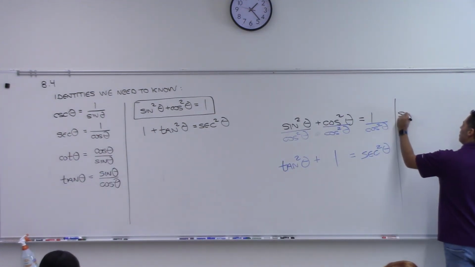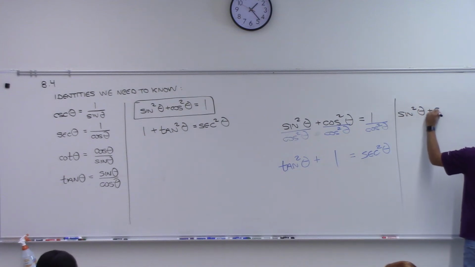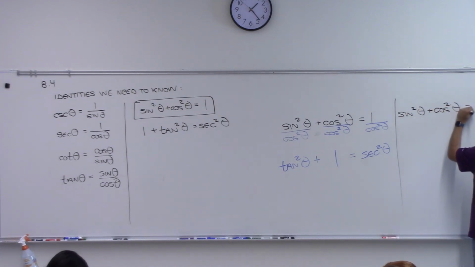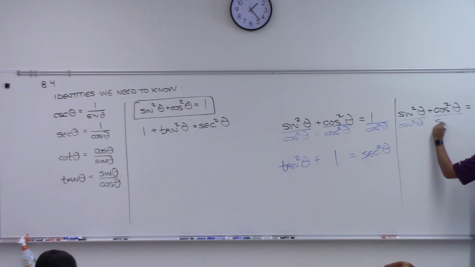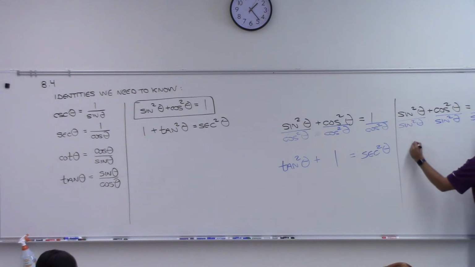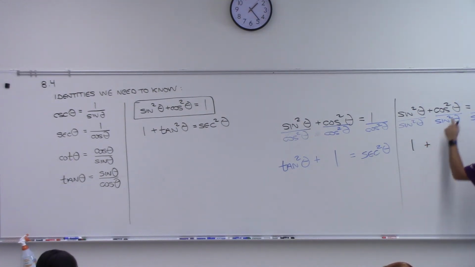So if I take sine squared theta plus cosine squared theta equals 1, and then divide everything by sine squared, this time, this turns into a 1, then plus cosine over sine squared would be cotangent squared theta, equals 1 over sine is cosecant, but we're squaring it, so cosecant squared theta.